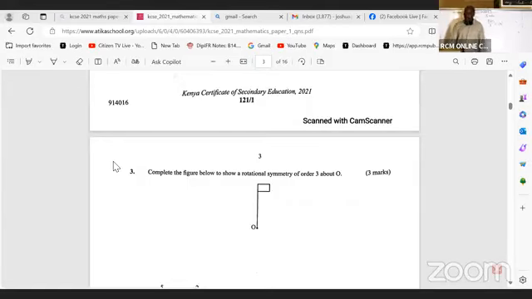You can see here they want me to complete the figure below to show a rotational symmetry of order 3, about O. The key thing is that they want us to do a rotational symmetry. Symmetry means you're the same size. If it is that flag, same position, but of course, rotating now, of order 3, about O.